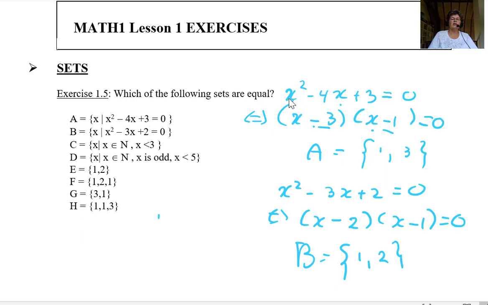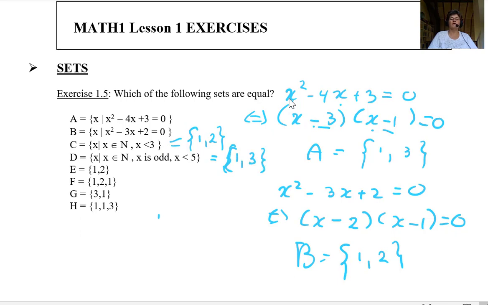Then C, x smaller than 3 and being part of the natural numbers. So this would give us the set 1, 2. And remember, 0 is not an element of N. Then D, they need to be odd and smaller than 5. So that would be 1 and 3.